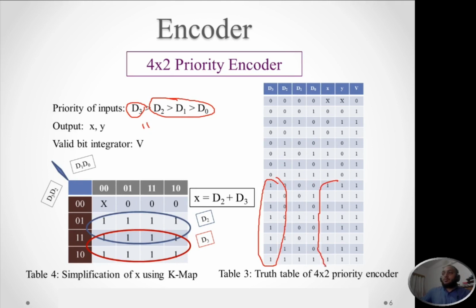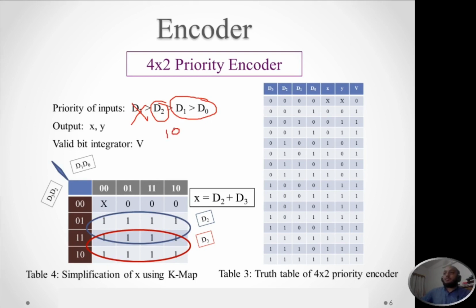We will set the output of a particular pattern. If D3 is not present but D2 is present, whatever the other inputs are, that means whatever D1 and D0 are, we will set the output as 1 0 pattern. In this example, we have set it as 1 0 pattern.